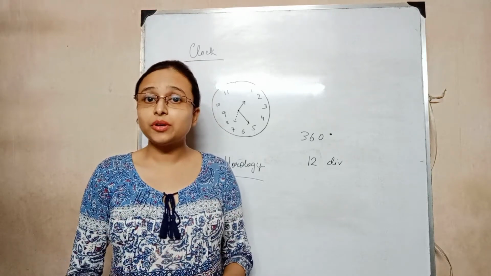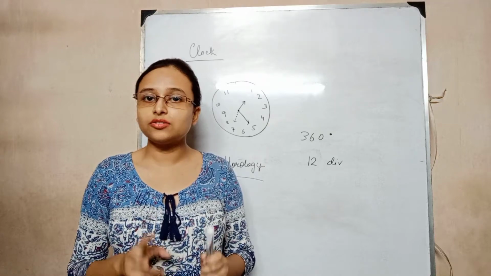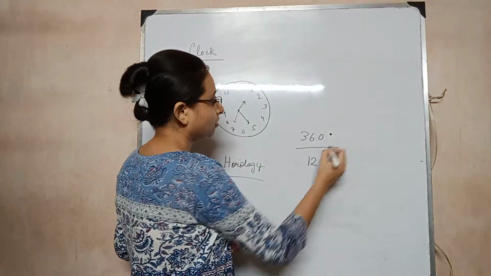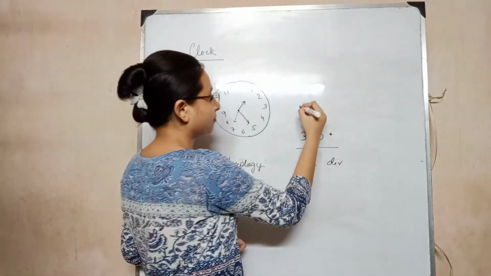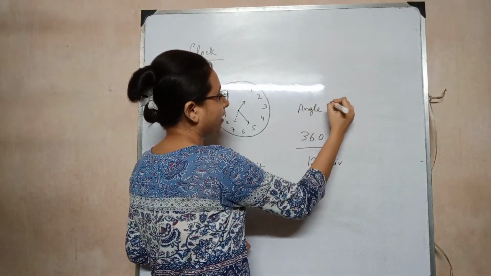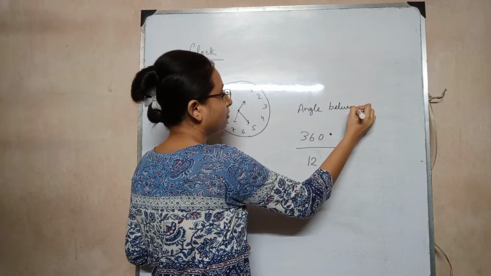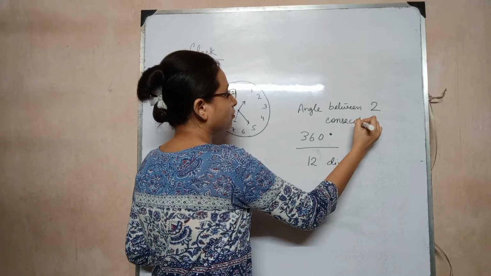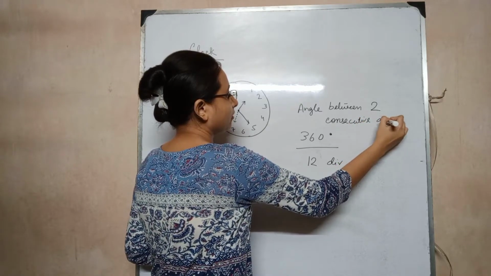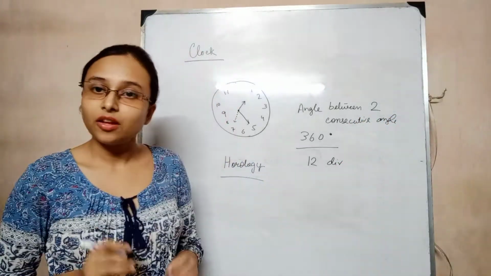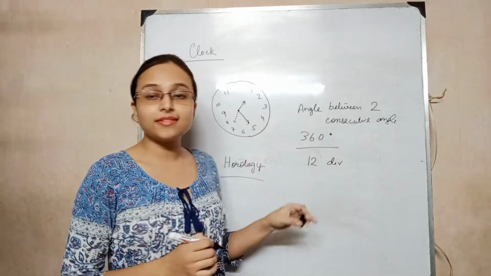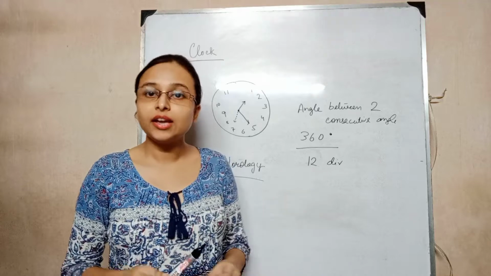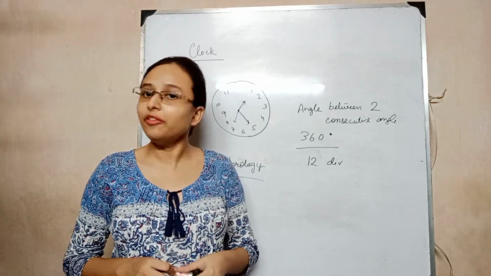Now, the angle between two consecutive divisions is 360 divided by 12. Actually 360 degrees divided by 12 number of divisions.